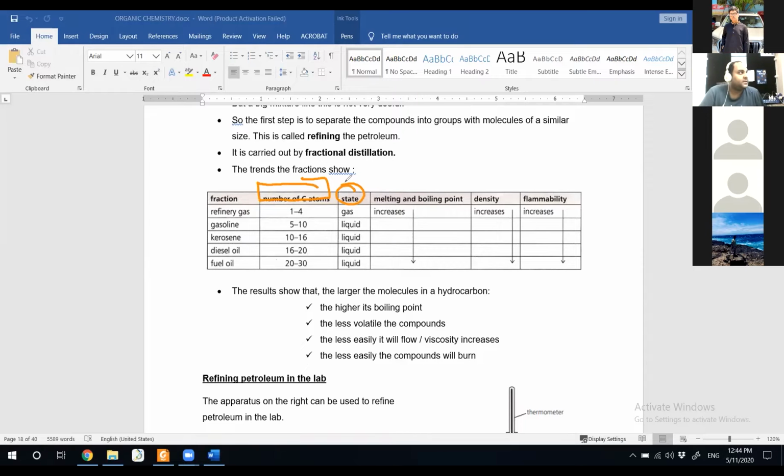It's changing, right? From gas to liquid to then solid. Bitumen is solid.